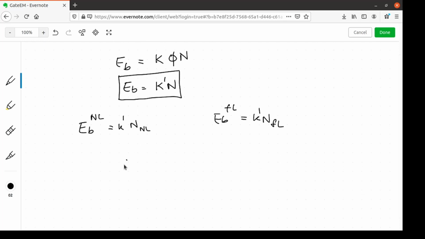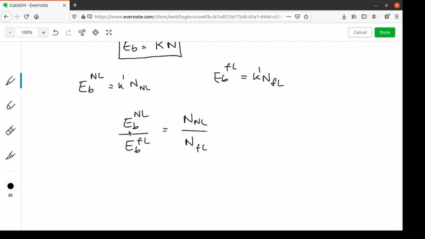So we'll get Eb NL divided by Eb FL equals, the proportionality constant will get divided, so we'll get N NL divided by N FL. So we can find the no load speed N NL equals Eb NL divided by Eb FL times N full load.